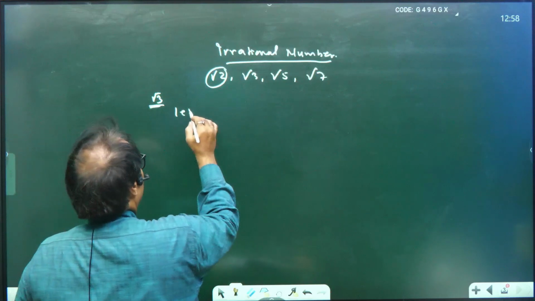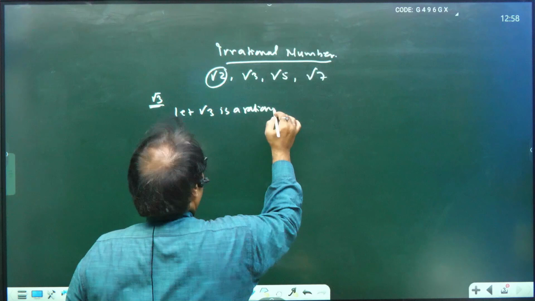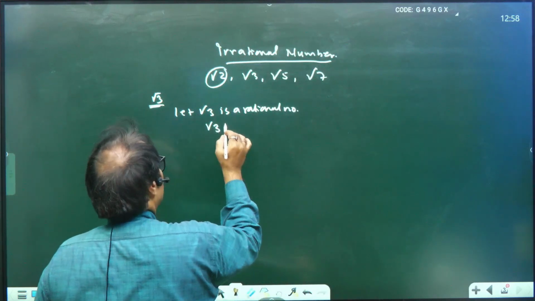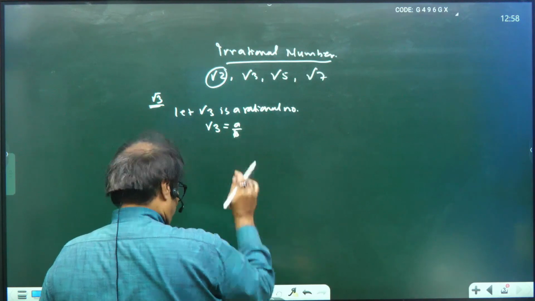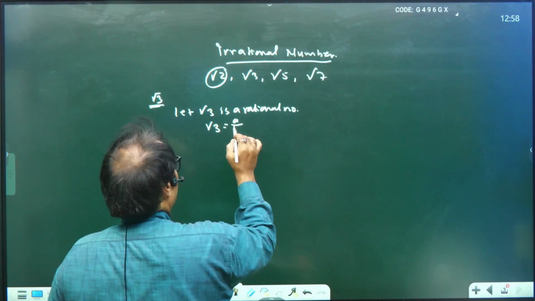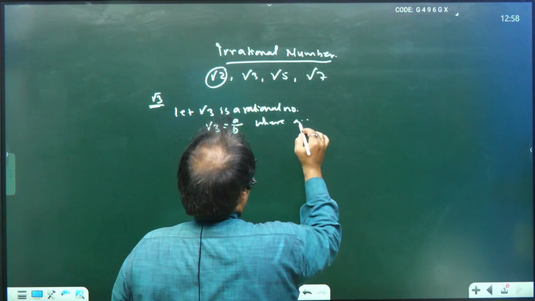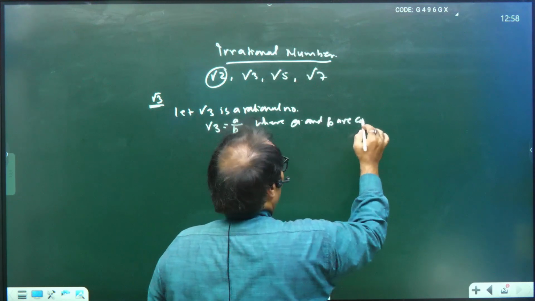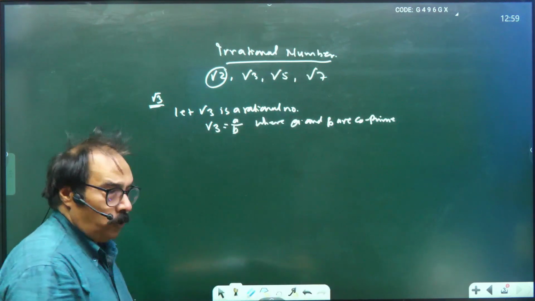So let root 3 be a rational number. When root 3 is a rational number, it means root 3 is equal to a by b, where a and b are co-prime. Co-prime number means no common factor.